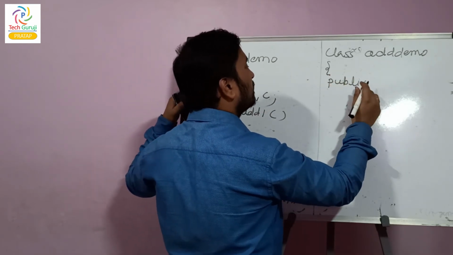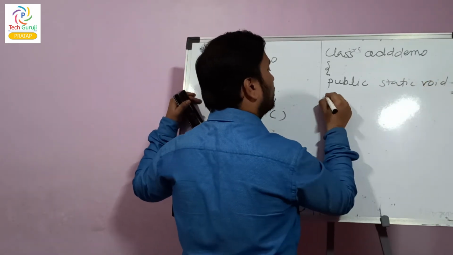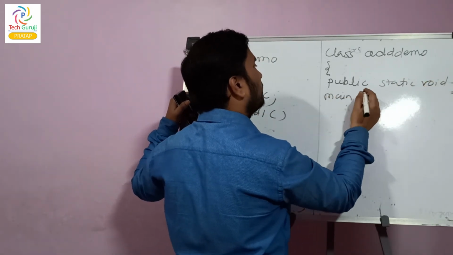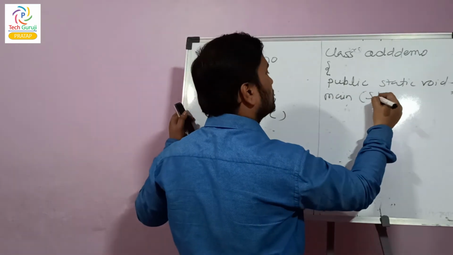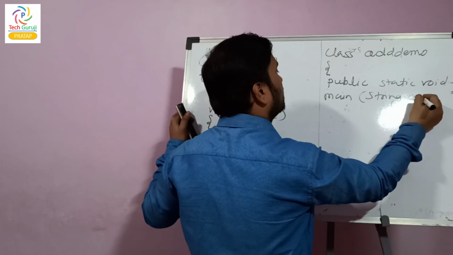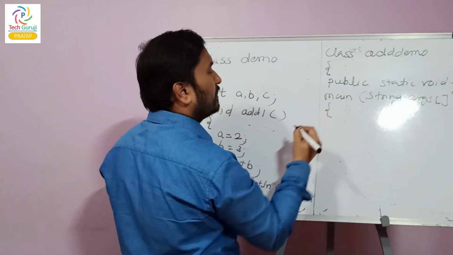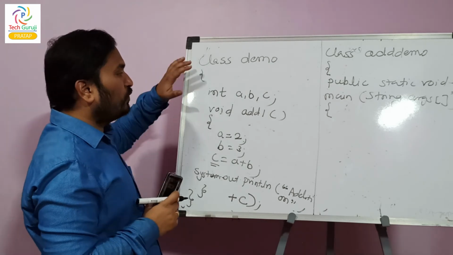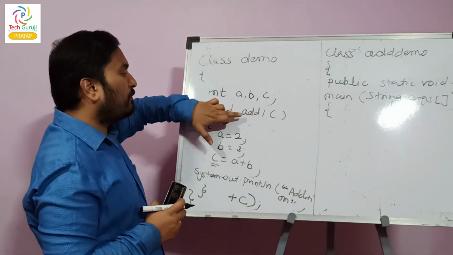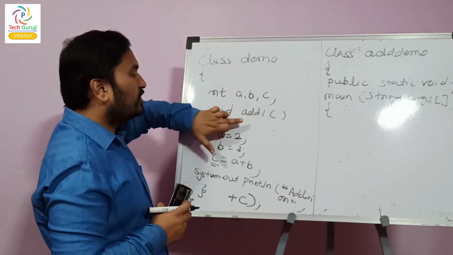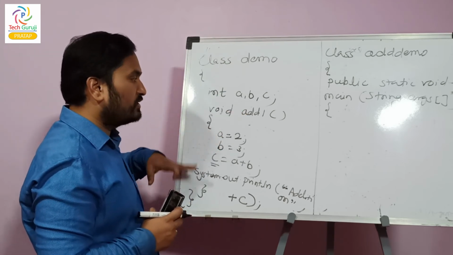So public static void main, String args, curly bracket open. If we want to use the property of the demo class, the property of the demo class is add1, so we have to call add1 to calculate the addition of two numbers.